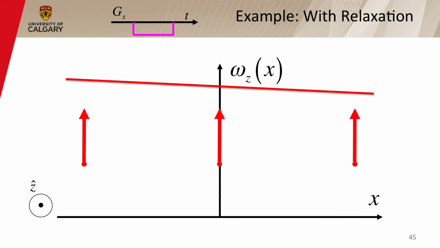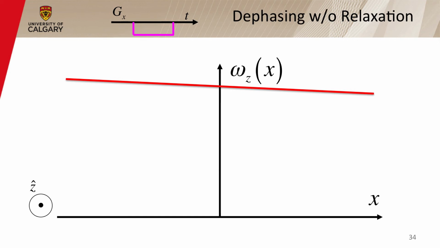Now, if we wanted to look at what it looked like with relaxation, it would look something like this. We would have a decay in the transverse plane and a regrowth along the Z direction, but that's not very interesting for our purposes. So for now, we're going to ignore that relaxation, okay? If we apply this X gradient with a specific amplitude for a specific duration, it's going to look something like this.